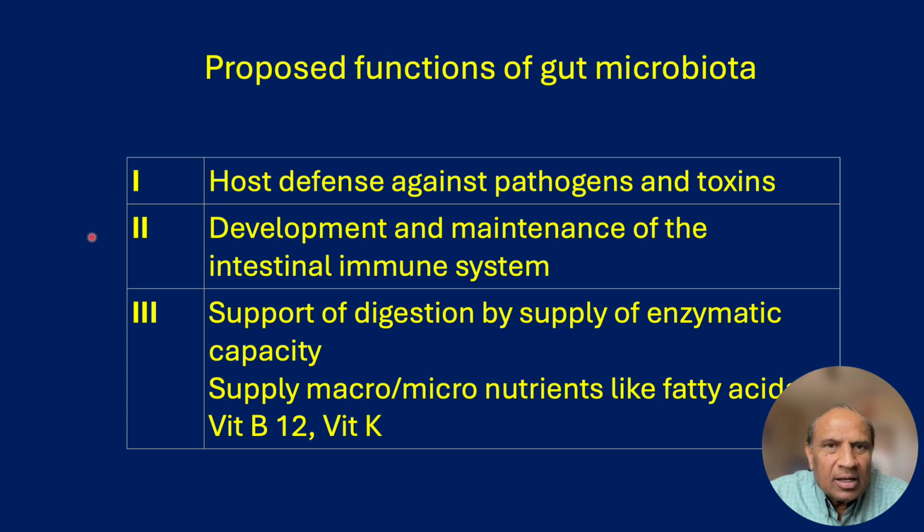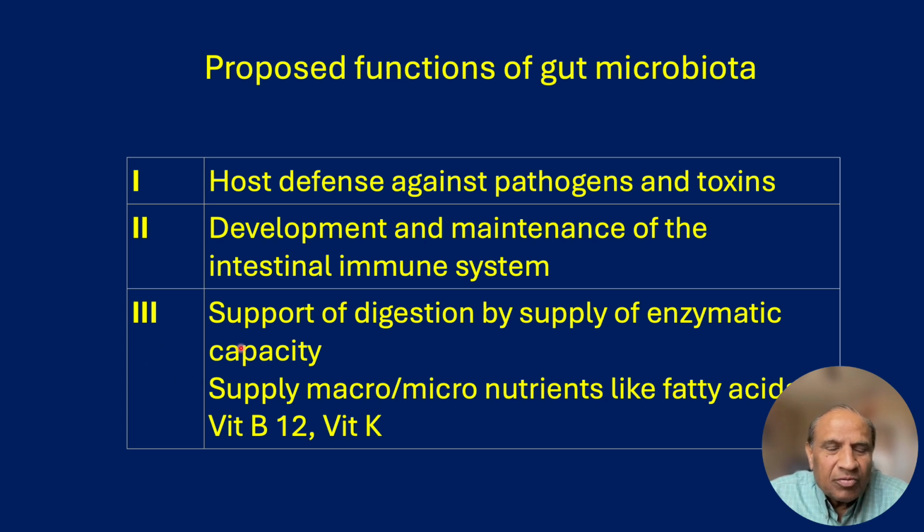Second, these microbiota help develop and maintain the intestinal immune system. And third, that we didn't talk about before, is that it supports digestion of other intestinal lumen content by supplying some enzymatic capacity. There are some enzymes in these bacteria that may help you digest certain foods that humans cannot digest.